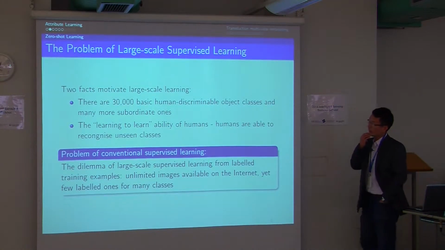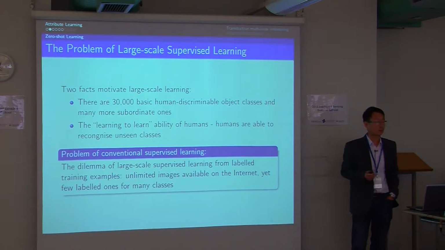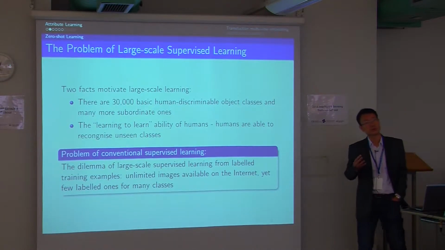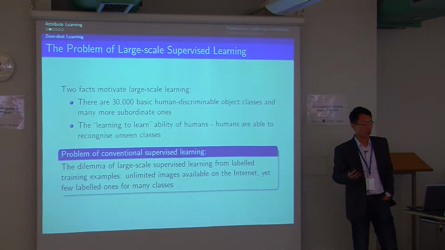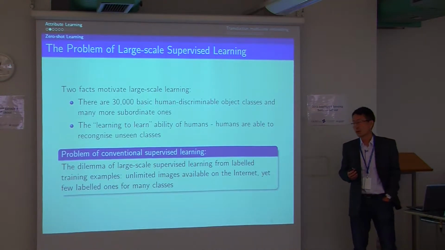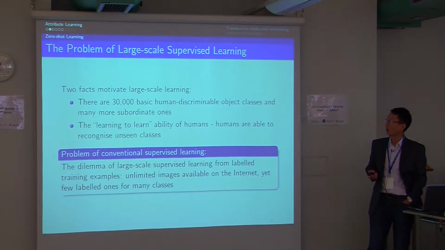Okay, so before we talk about zero-shot learning, we want to motivate why I want to do that. The general background is that computer vision research has been studied for over 50 years now. The recent trend is that people have been moving towards large-scale learning.